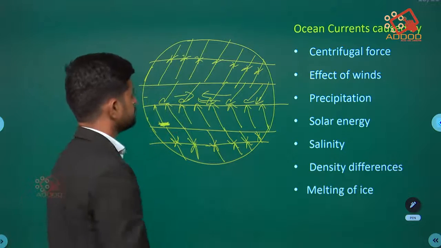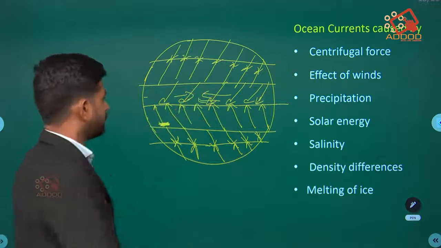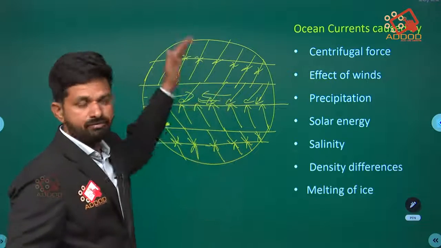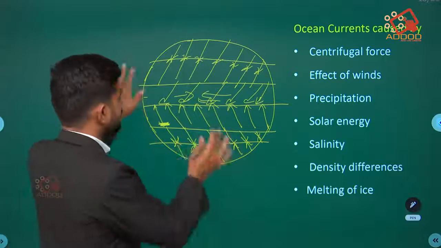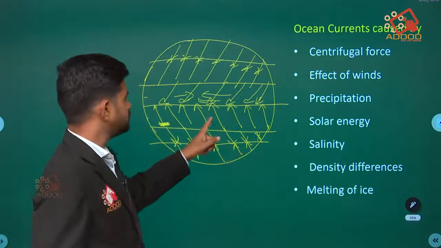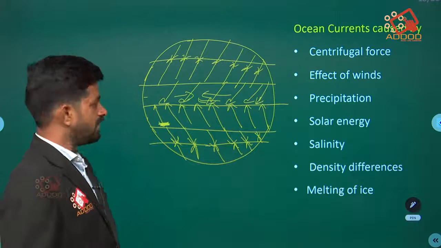Because of this, centrifugal force will push water from the equatorial regions away from the equator, and these trade winds will be pushing the water from other regions to the equator or maybe towards the Arctic or Antarctic Circle, right?